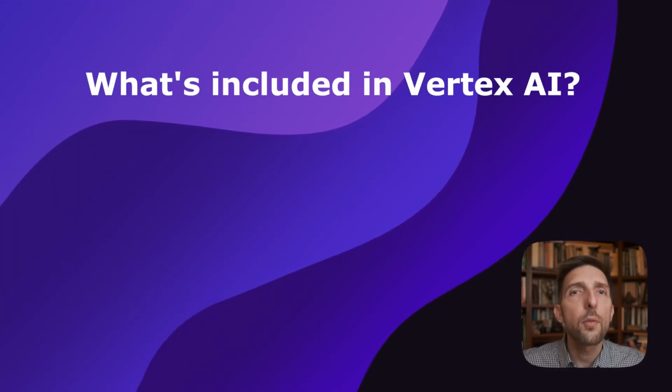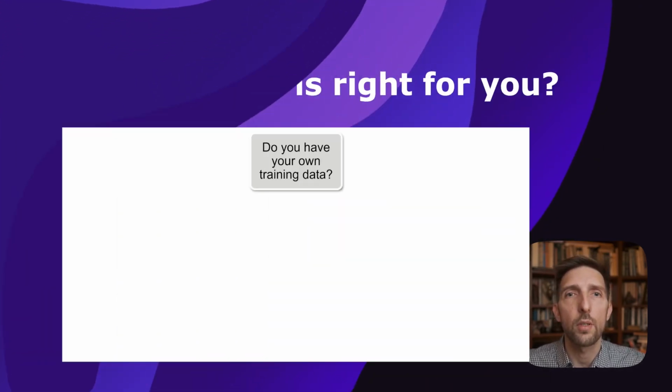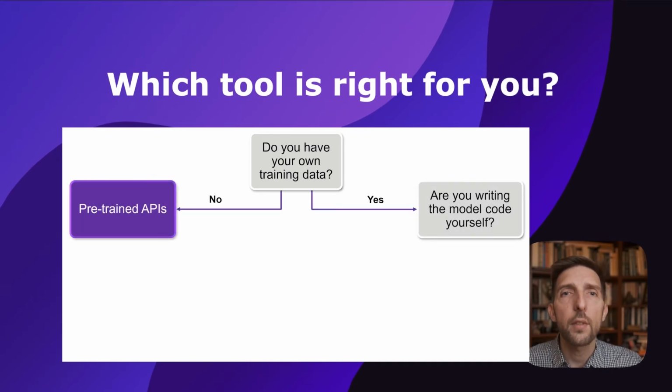Okay, so there are a few important questions to answer before you decide which component you want to use for your ML problem. For example, do we have the necessary data to train our model or not? If not, then we can use Google Cloud's pre-trained APIs for vision, video, natural language, and more.